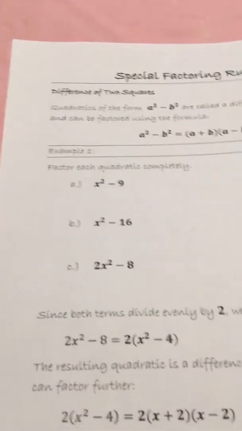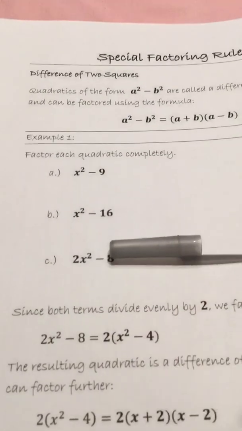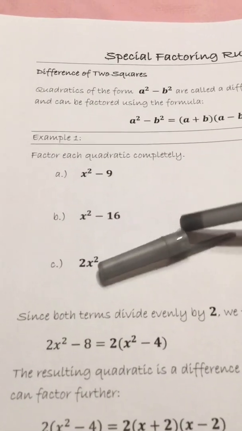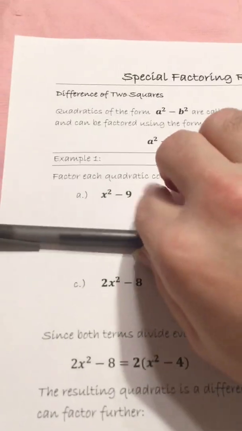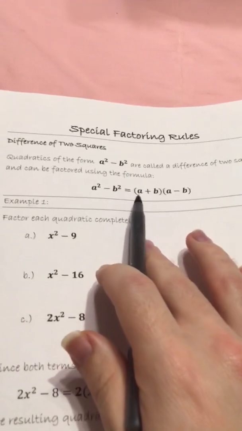So essentially what's happening is when you're given a difference of two squares, one squared and then subtracted by another squared, you're asking yourself what your square root is. That's what's happening over here.